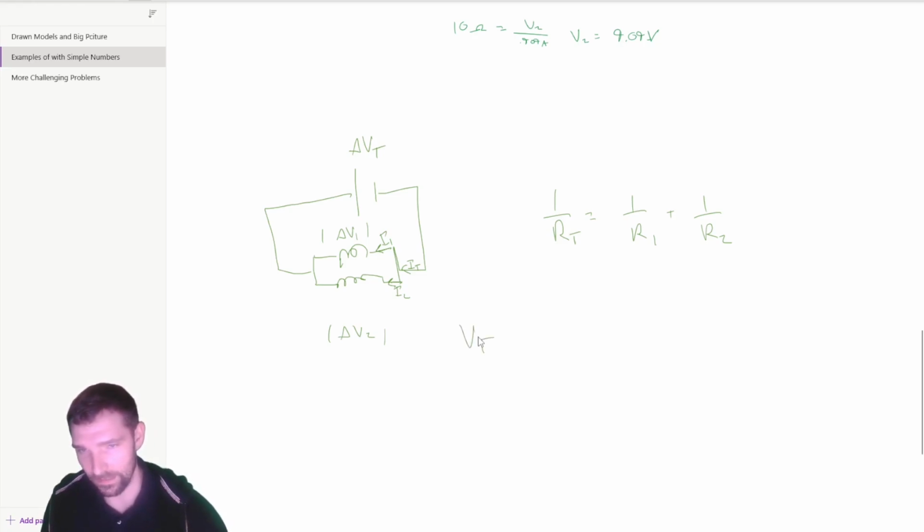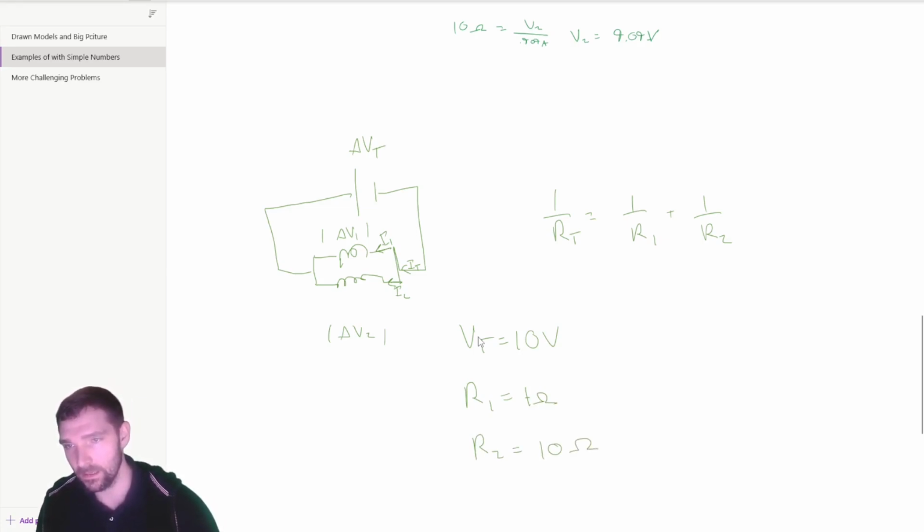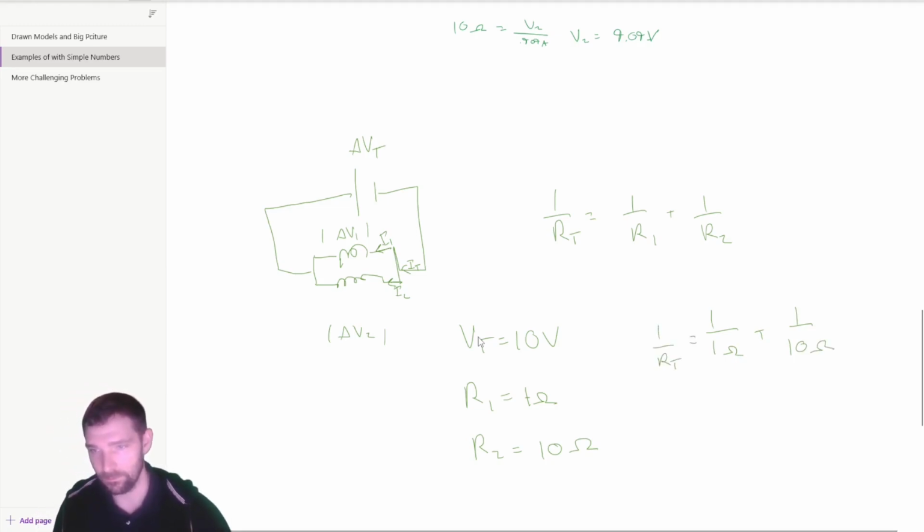And let's say we're doing the same thing. We've got the 10 volts total. Let's say R1 is going to be 1 ohm and R2 will be 10 ohms. And we've got to combine them to get this new RT. So we've got 1 over the 1 ohm plus 1 over the 10 ohms, and that should be equal to 1 over the RT if we plug those in.